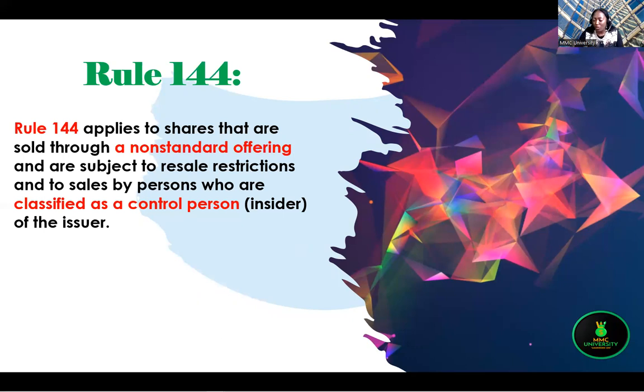Maybe those shares were purchased through a private placement and they didn't go through an initial IPO or a regular stock offering. So it was non-standard, and whenever it's non-standard, the government creates certain rules that apply, restrictions that govern when and how much of those stocks can be resold.